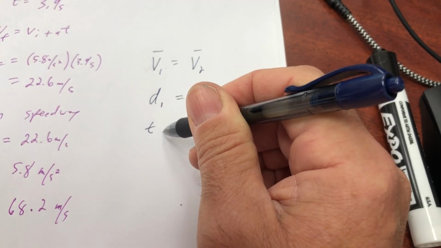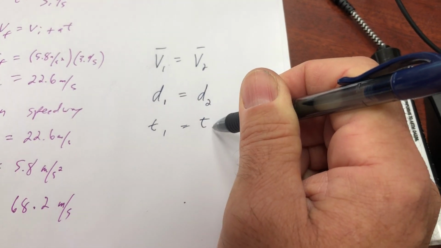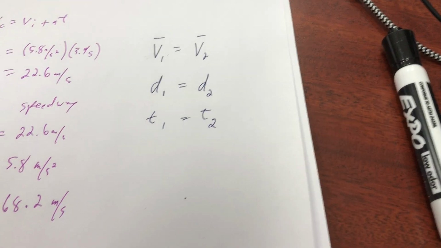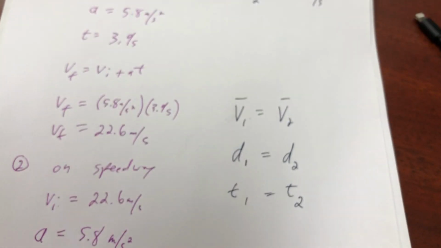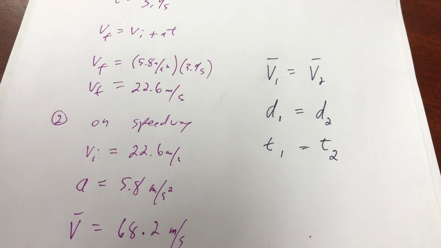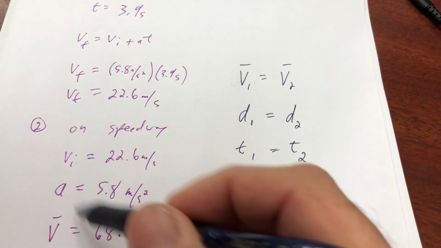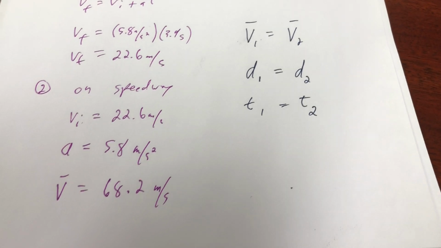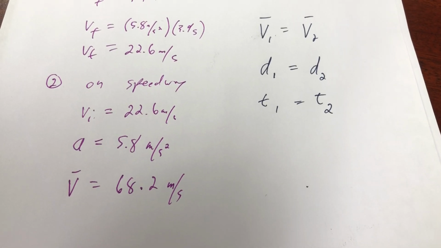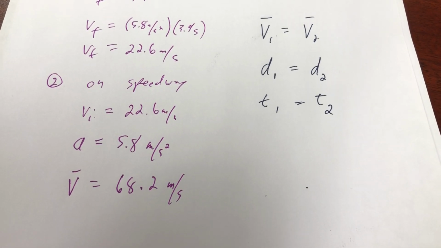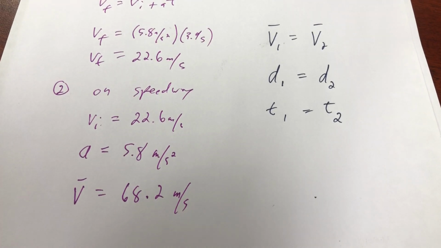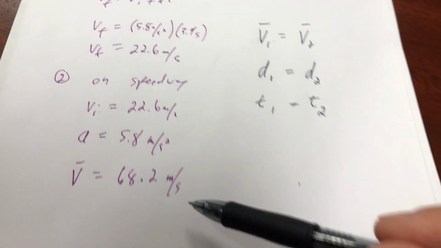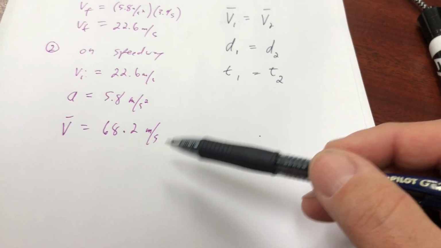I mean, really the time's going to be the same as well. So down here, if I can use this information to find the distance, I can use that to find the time, or if I could find the time directly from here.